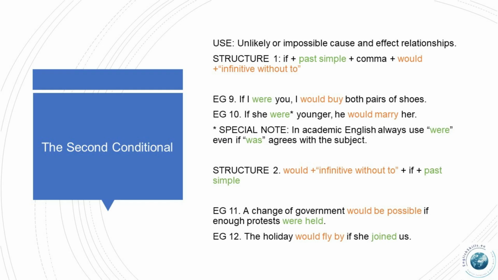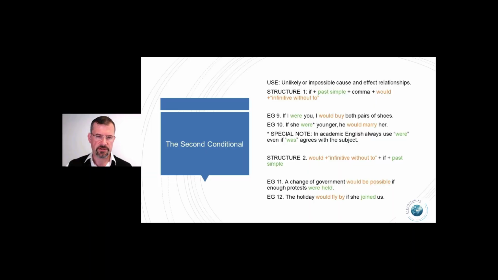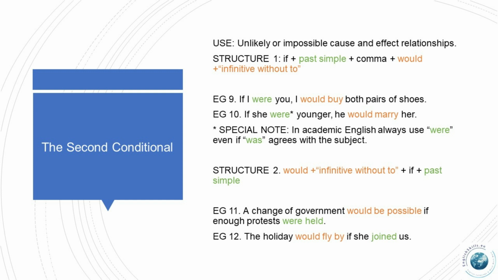The second conditional, unlikely or impossible cause and effect relationships. Contrast that with the previous slide. We were looking at the first conditional, which is the real conditional, things that are definitely going to happen according to a condition. The structure now, compare it with the previous one, if plus past simple.